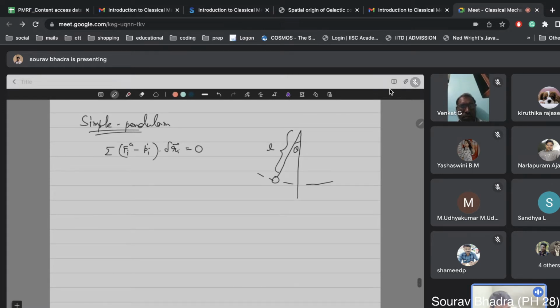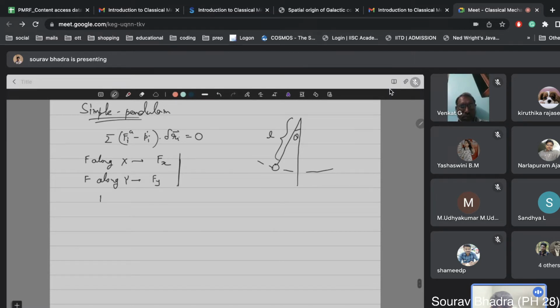Let us say the force along the x direction is Fx and the force along the y direction is Fy. This D'Alembert's principle will take a form like this: m x double dot delta x plus, as it is vertically downward, instead of y let us say the z direction, Fz minus m z double dot delta z equals 0.